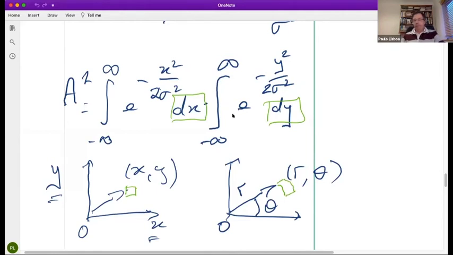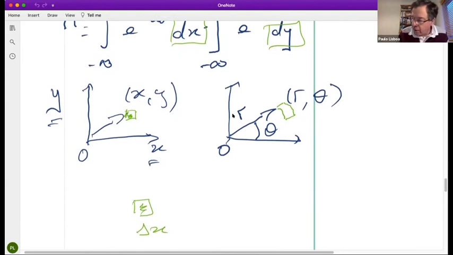Okay? And the area of this rectangle is dx dy, because dx is the size of the bottom of that area, and dy is the size of its height.